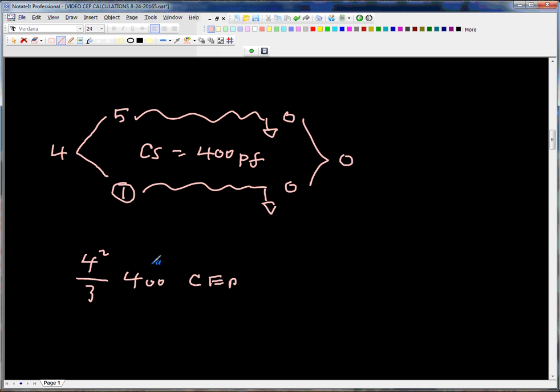Sounds simple, doesn't it? I haven't shown you all the details yet, which is really, that number is really 16 over 3, which is, calculating it for you now on a calculator, 5.333 times 400, I'm sorry, times 400 equals 2133 picofarads.